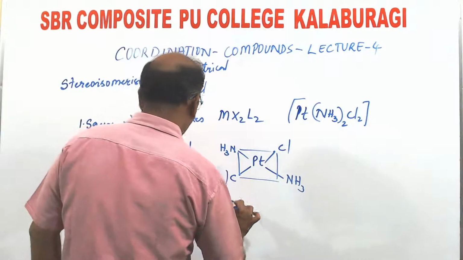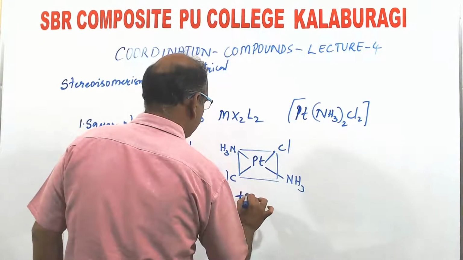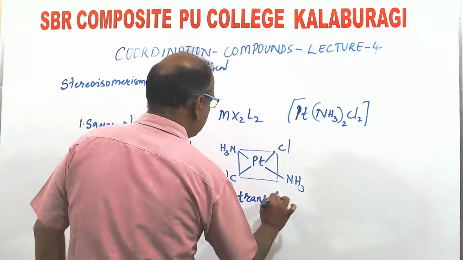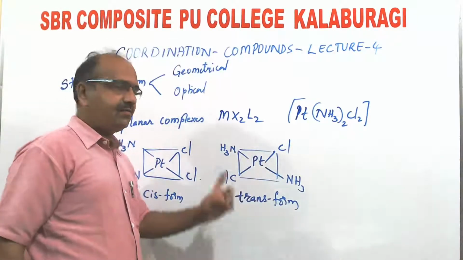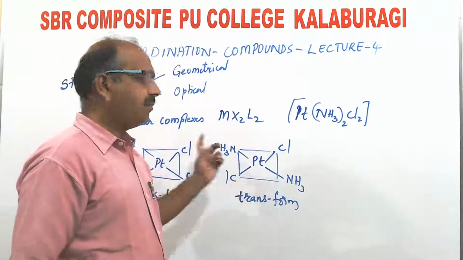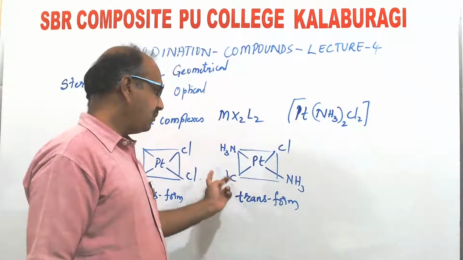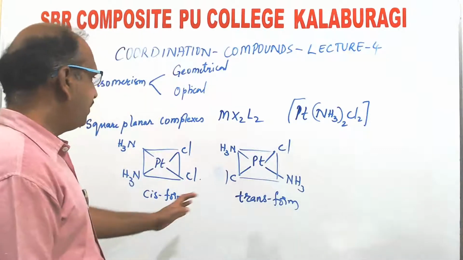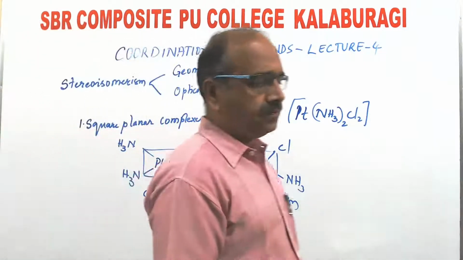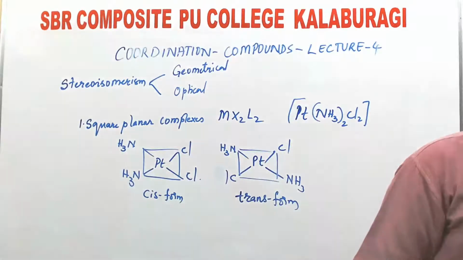So this is going to be trans. Why trans? Because these are in the diagonal. Whatever like ligands are there, they are in opposite diagonals: chlorine opposite diagonal, ammonia opposite diagonal. So cis form and trans form. This is one set of example.